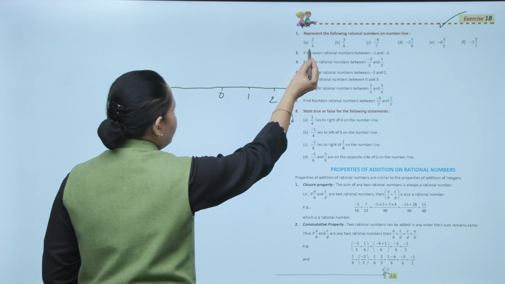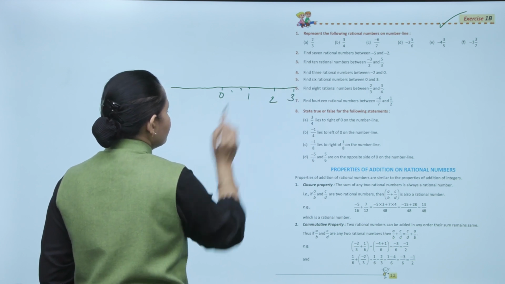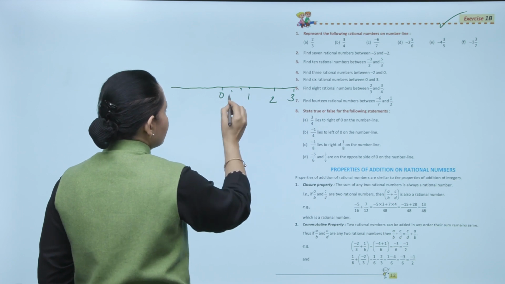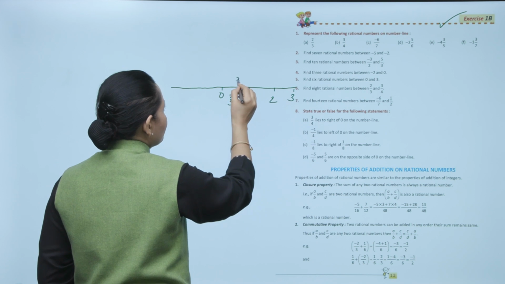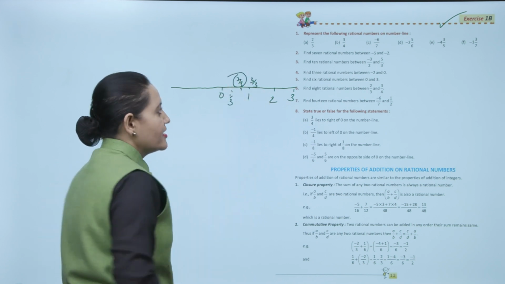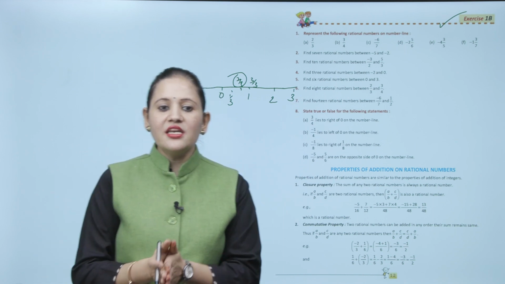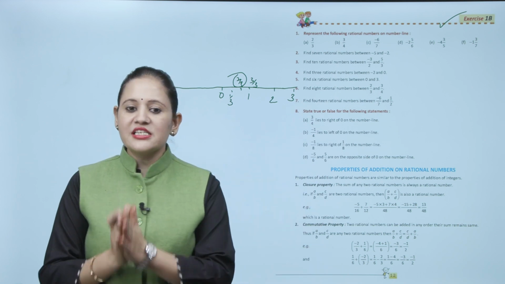So the denominator is 3, so there will be 3 equal divisions. 1, 2 and 3. So this is 1/3 and this one 2/3 and this will be 3/3. So this is 2/3. So this way we can represent rational numbers on the number line. So you have to practice all these examples.